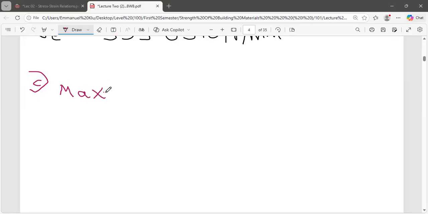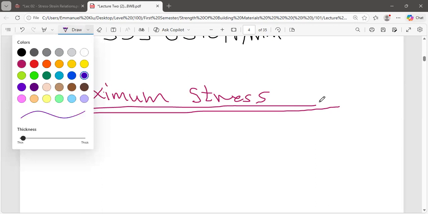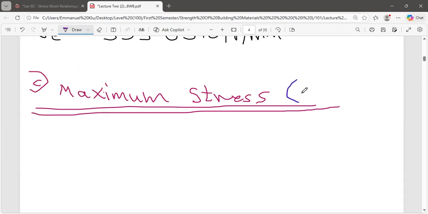What did we say the maximum stress can also be called? Any volunteer? Ultimate stress. Thank you very much. So the maximum stress can also be called the ultimate stress.